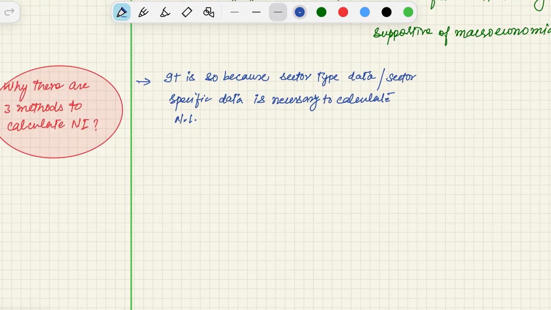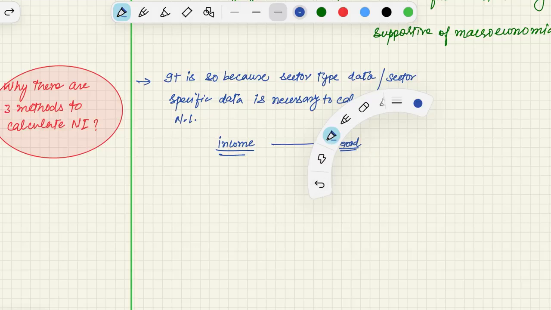What does it mean? Whatever income a person is getting cannot be revealed by goods and services, by goods production.